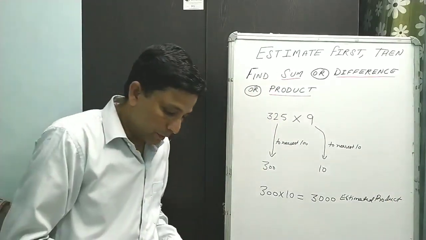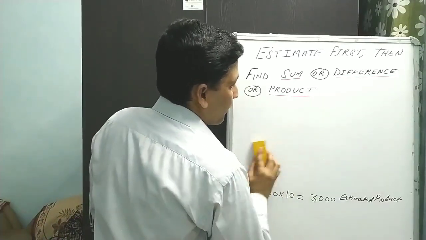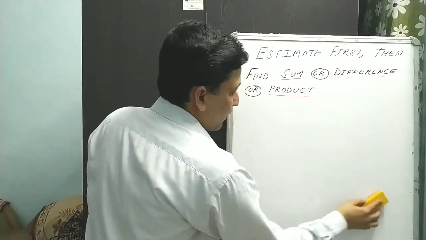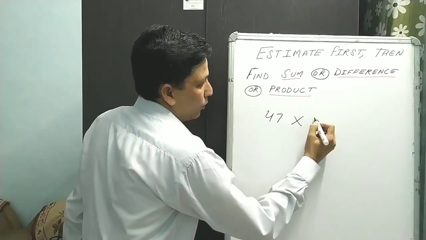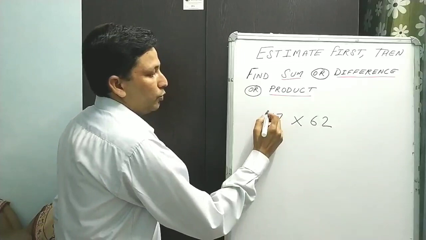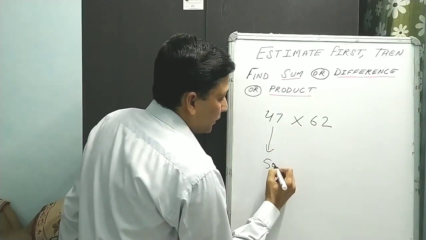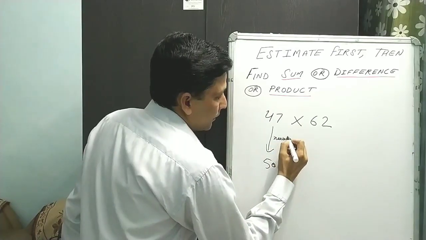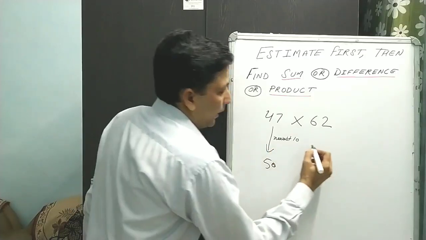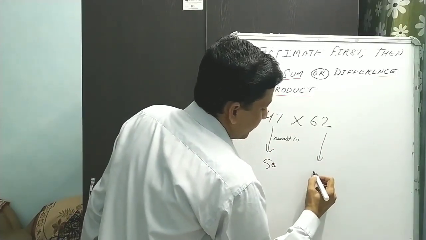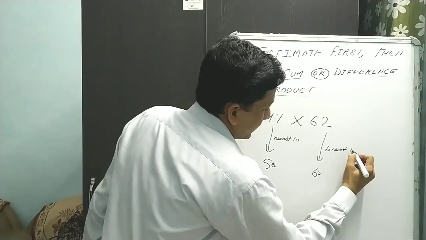Let's take another example. Here if I write 47 into 62, so here 47 will convert into 50 by using nearest 10, and here this 62 convert into 60 again to nearest 10.